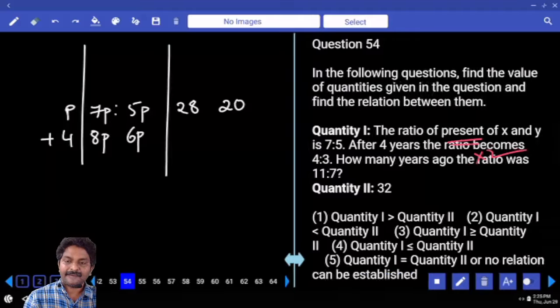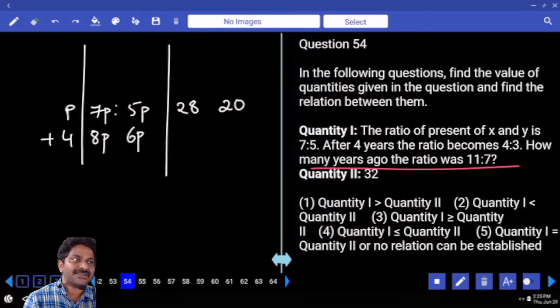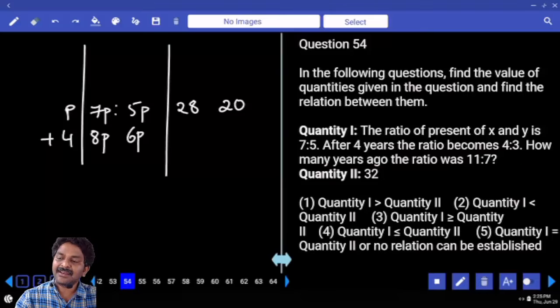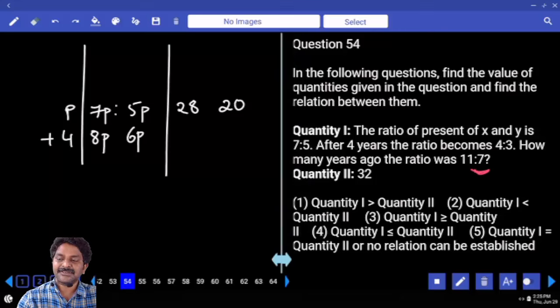Correct. Now, how many years ago was their age ratio 11:7? See, even in the past, their age difference must be equal to the present age difference. How much is the present age difference? 8. So after X number of years or X number of years ago, at any time the age difference must be the same. From the ratio, how many parts is the difference?